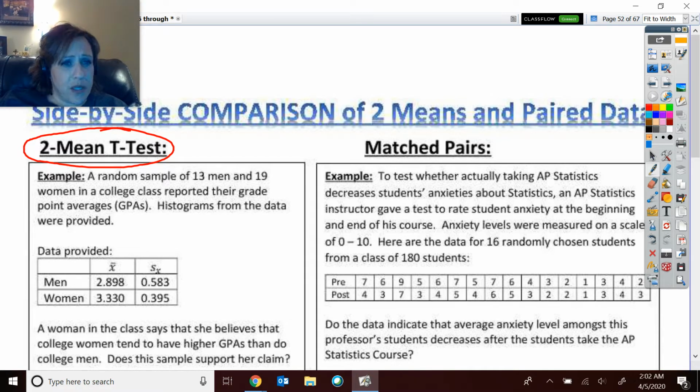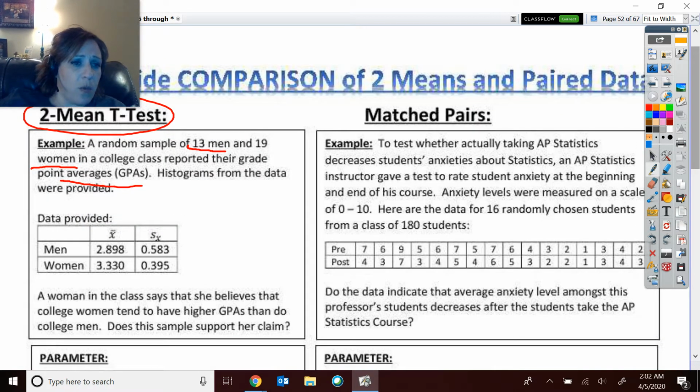This is a situation where we had men and women and their college GPAs, okay? And there was the supposition that the women in the class say that they believe college women tend to have higher GPAs than college men do, okay?